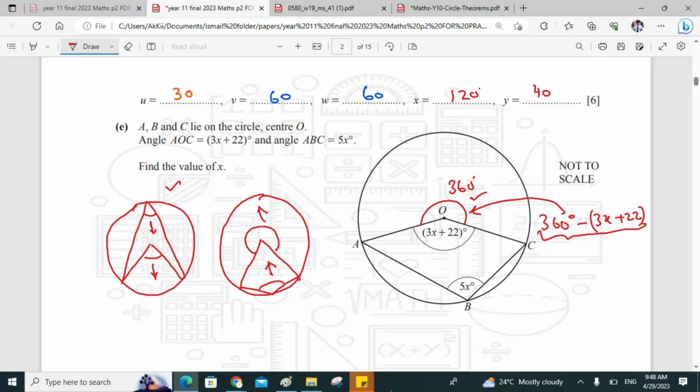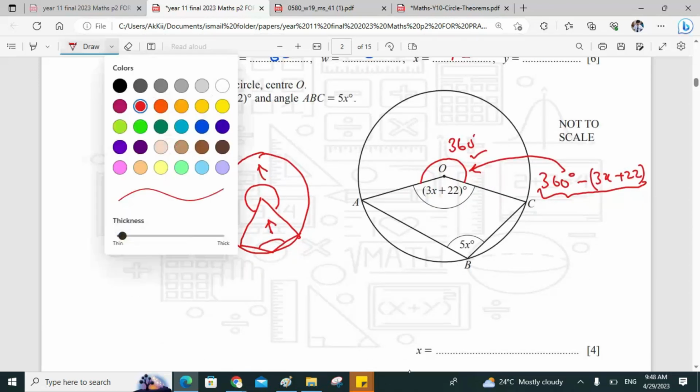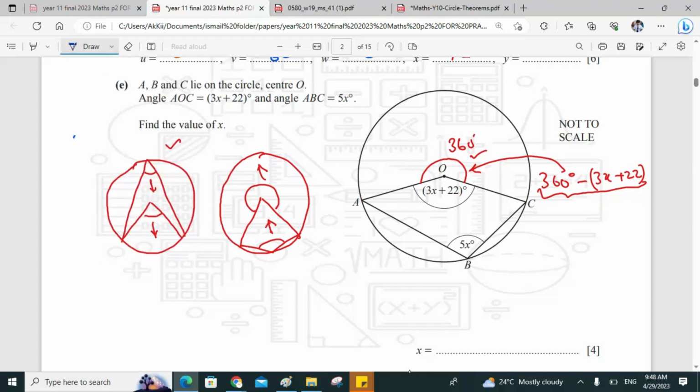Now can I connect this 5x with this? Yes, I can. So simply I will write this as an equation. It will be 360 minus (3x plus 22) equals 5x.